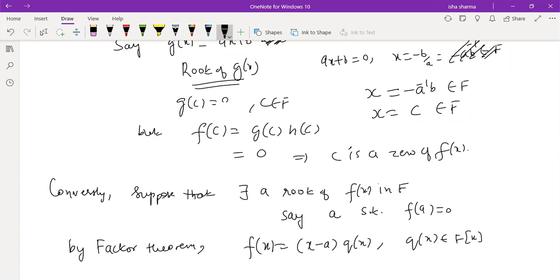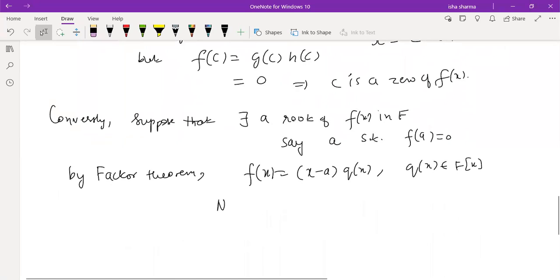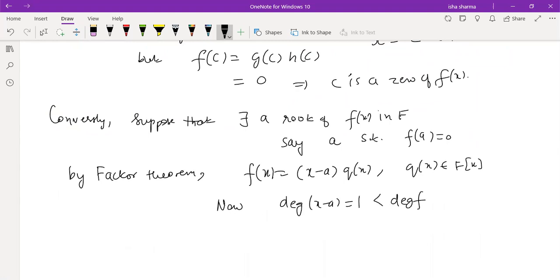Because a is a 0, we can always write f(x) as (x minus a) into q(x). Now it clearly shows that degree of x minus a is 1, which is less than degree of f(x), because degree of f(x) is either 2 or 3. And clearly the degree of this polynomial q(x) that remains will be degree of f(x) minus 1, because 1 is the degree of the other factor, so it will be less than degree of f(x).